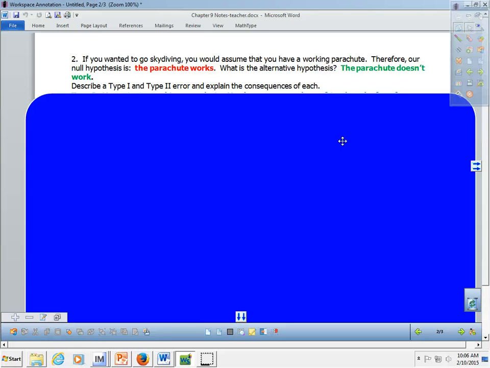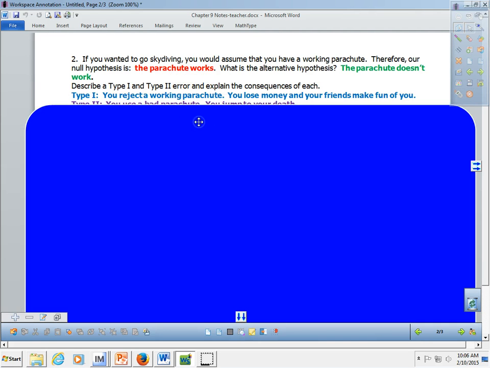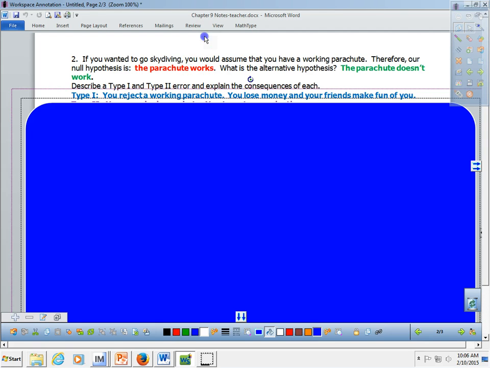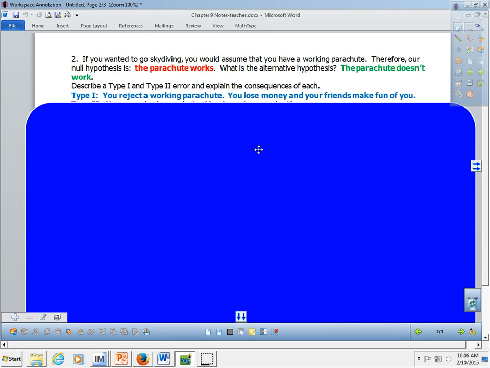A type 1 error means that you reject the null even though it's true. So if you reject the idea that the parachute works, then you're not going to take a working parachute, you're not going to go jump, right? Because if you believe the parachute is faulty, then you're not going to go skydiving, right?